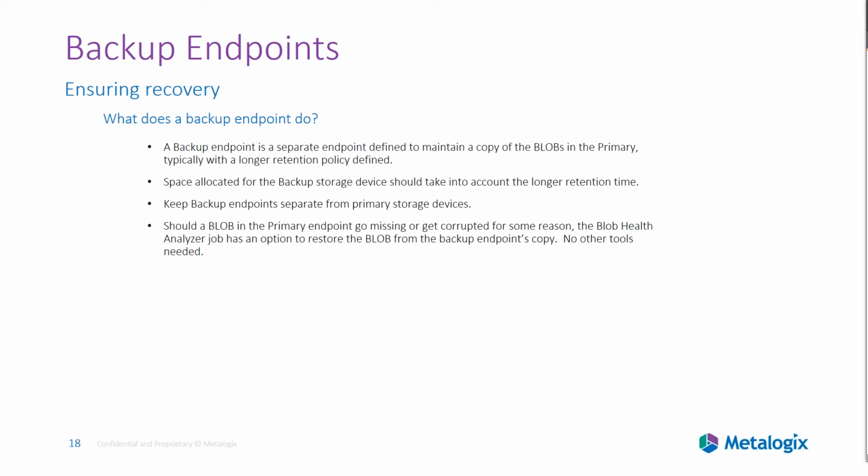For instance, if you keep your content database backups for 6 months, you may want to keep the backup retention at 180 days. So at any point in time, you could possibly restore a content database from the associated externalized content of it. A backup endpoint will contain at least the amount of data you have in your primary endpoint for any given profile. So storage must be planned for accordingly.